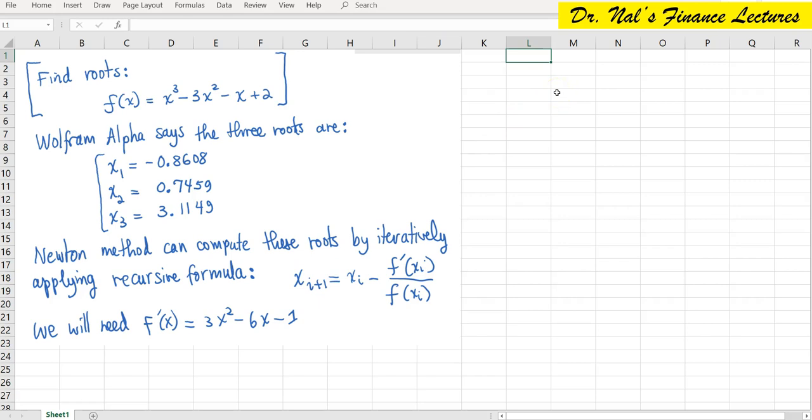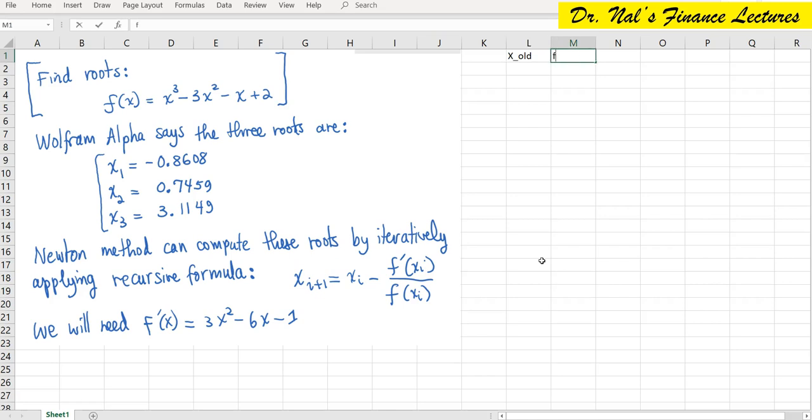So let's go ahead and apply Newton's method to find these 3 roots. Because it will be an iterative process, I will start with an old value.